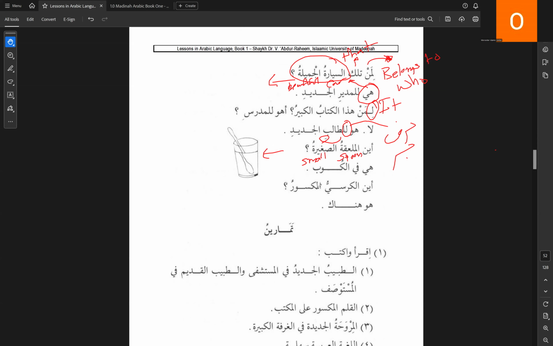Okay. أين الكرسي المكسور؟ All right. So both of these words are all the way from the first page of the book. أين we know is where. It's a question. It means where. الكرسي المكسور. What's maksur mean? Very good. Broken. Where is the broken chair?